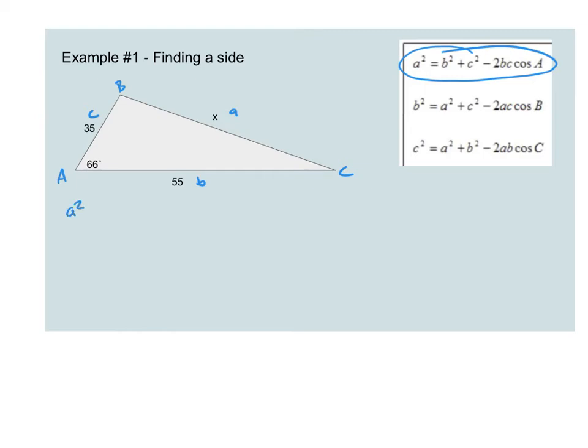A squared is equal to b squared, so that's 55 squared, plus c squared, which is 35 squared, minus 2 times b, which is 55, times c, which is 35, times the cosine of 66.